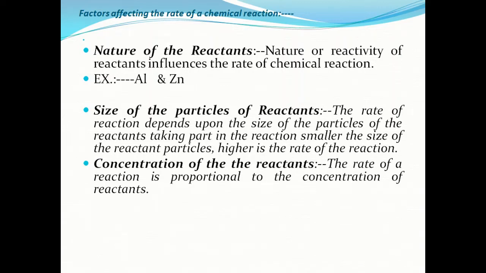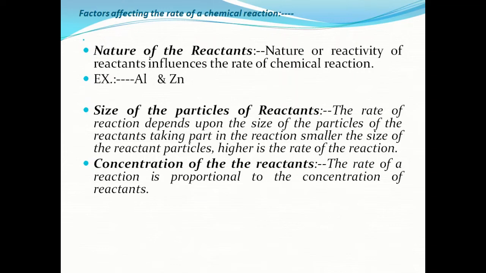Now, second, size of particles of reactant. You have seen many times the example of the Shahabad tile. Take equal weights and add dilute hydrochloric acid. At that time, observe whether effervescence of carbon dioxide is formed at a faster or slower speed. You must have found in the above activity that carbon dioxide effervescence is formed slowly with the piece of Shahabad tile, while at a faster speed with the powder.